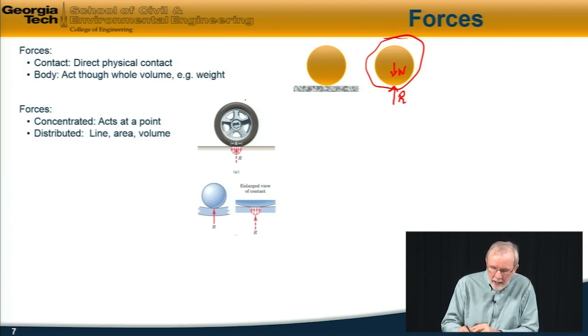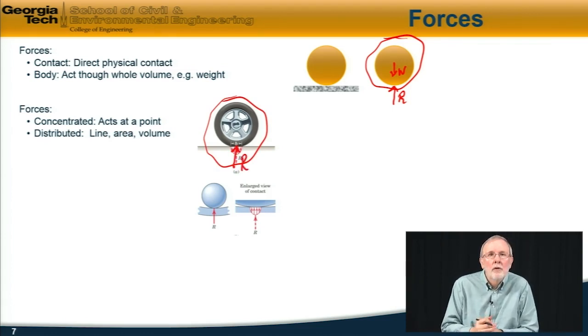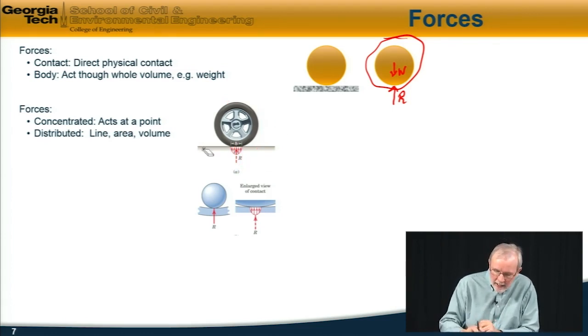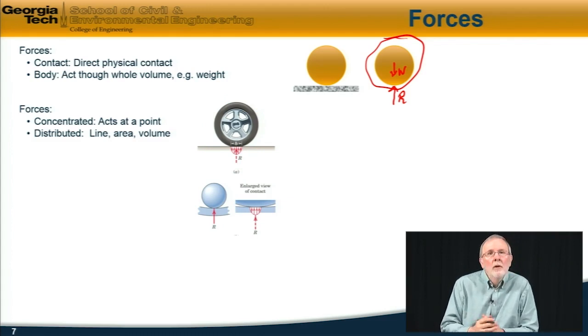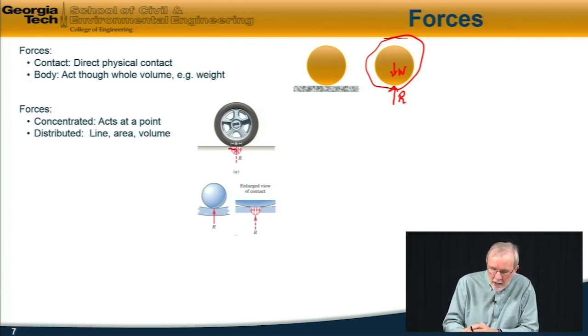For example, if I have a tire here sitting on the ground, the contact force we usually approximate as a single resultant force R, but in reality of course, the bottom of the tire is squished out slightly, so in reality the force is distributed over a small area at the bottom here. But we approximate that as though it acts at a point.